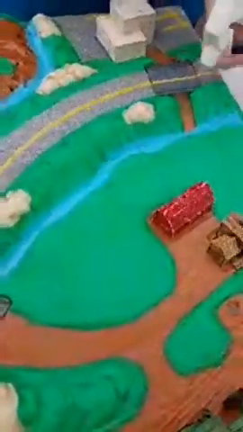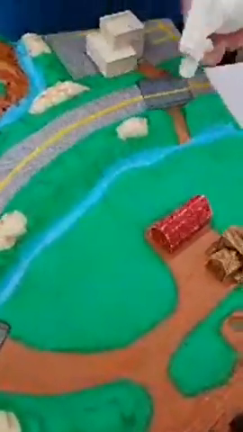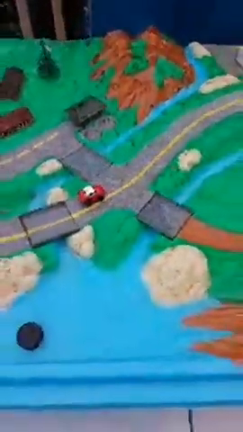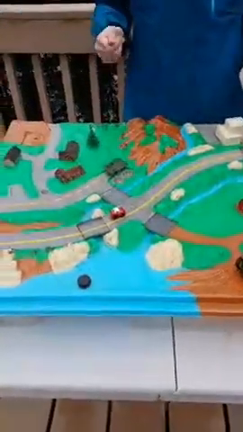Let's say there's another stream over there. That water is also going to go down into the Delaware River. So all of that is actually all in the Delaware River's watershed. So this whole area would be in the Delaware River's watershed.